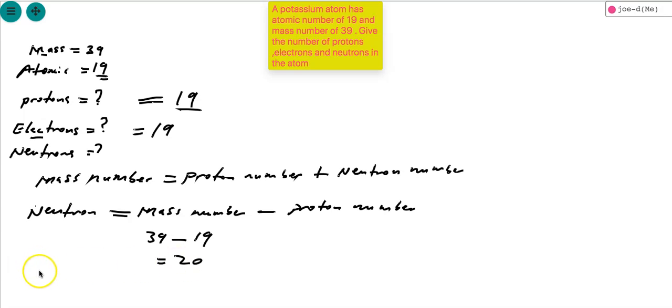So the number of neutrons in this particular atom will be equal to 20. So that's how you work around the mass number and the atomic number to find the electrons and the neutrons in a particular atom.